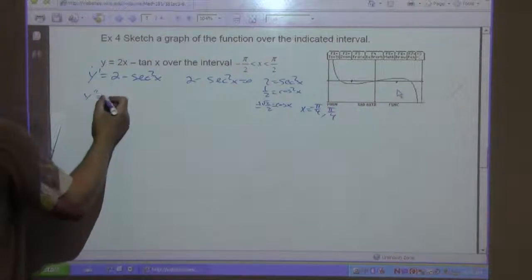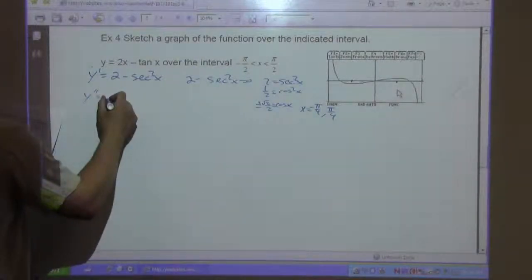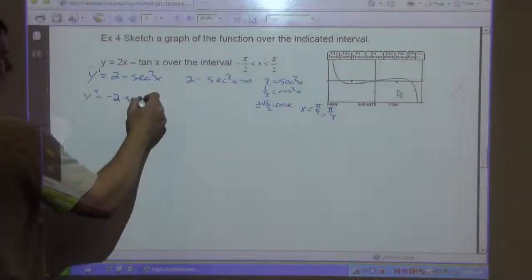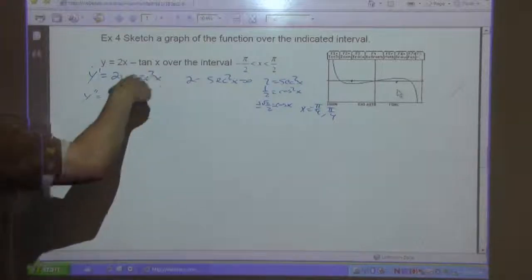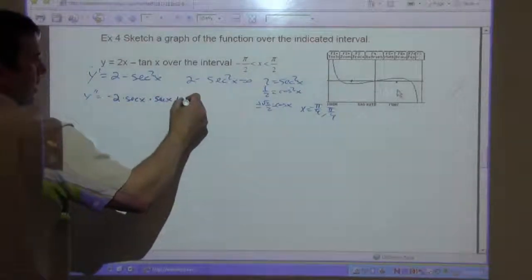Y double prime would become, this just 0, this becomes negative 2 times secant x times the derivative of secant, because it's like a chain rule thing, it's something squared, which is secant x tangent x.